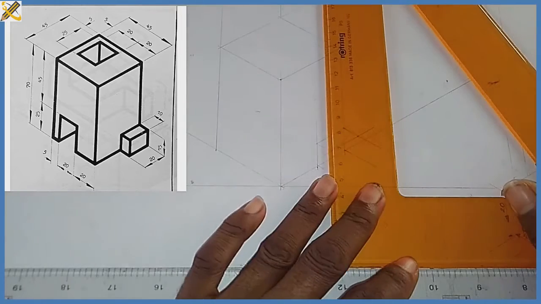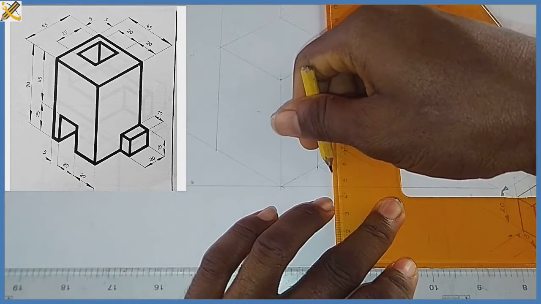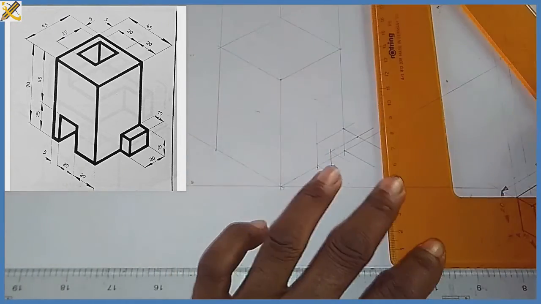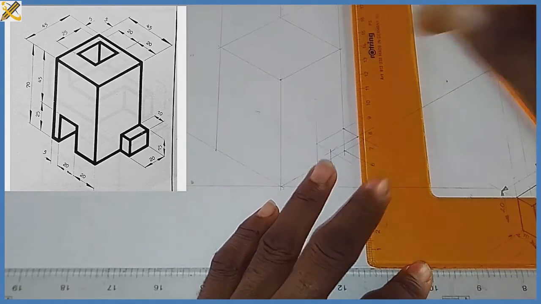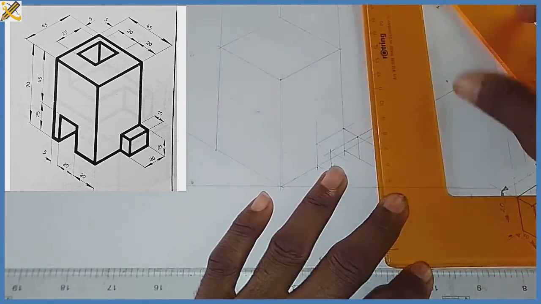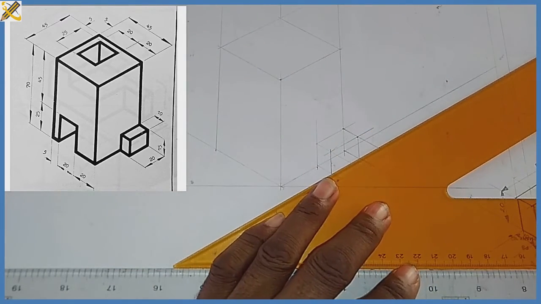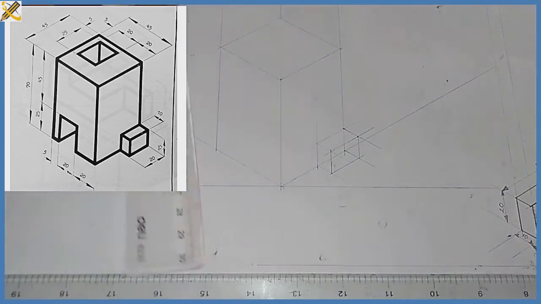Then wherever it intersects right here, I'm going to draw it this way. Can you see? Then what next? Project this area down here. All right, so after that, picking my set square, then projecting this axis in this manner. So as you can see, the web is ready.